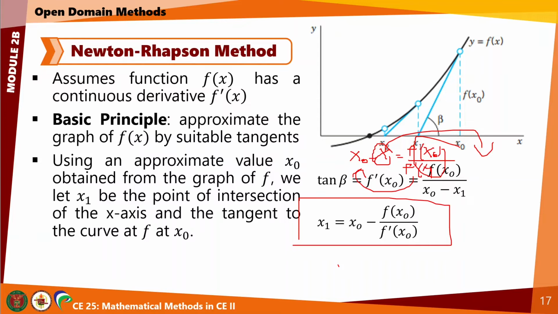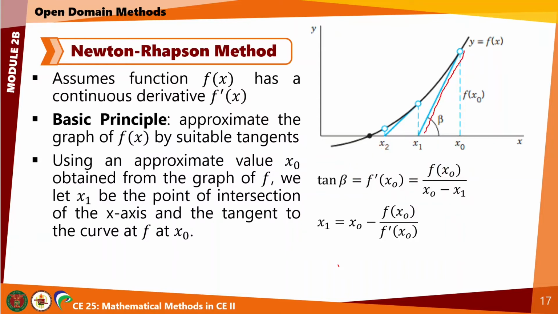Again, saan galing ito? Galing lang to sa slope ng line na to, which is yung main idea ng Newton-Raphson method. Yung slope ng line na yan is yung first derivative ng function natin at this point. Equal yan sa rise over run, so f of x sub 0 over x sub 0 minus x sub 1.